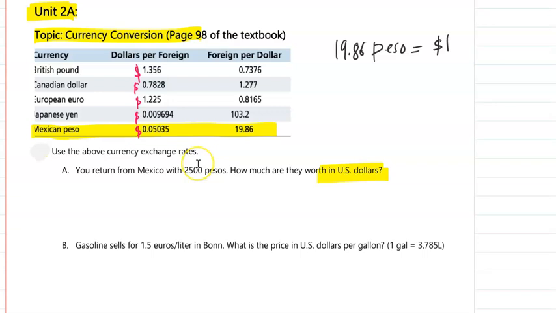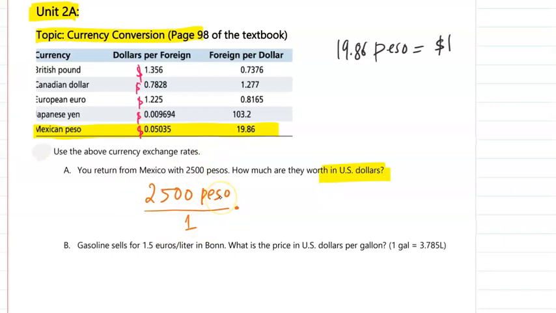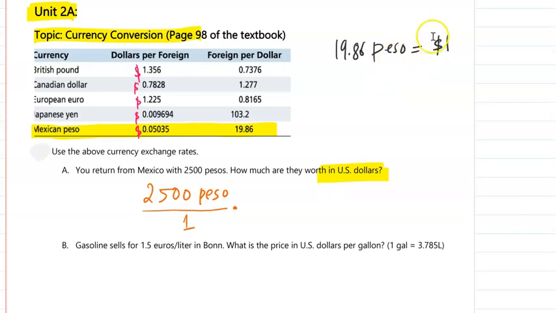So if you want to change 2500 peso to the dollar, you start by writing 2500 peso. You can put it over 1 if you like, because dividing by 1 doesn't make a difference, and multiply by the fraction. Notice that you get two fractions from here: 19.86 peso divided by $1, and the other one is $1 divided by 19.86 peso.